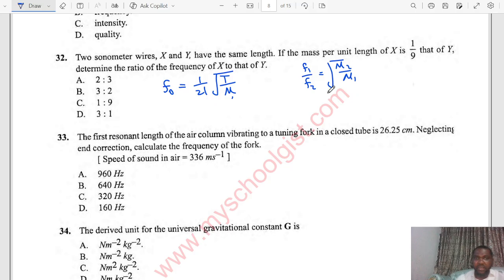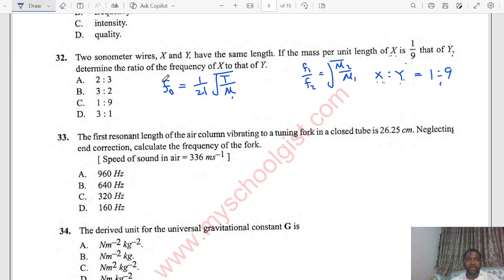So, if the mass per unit length of X is 1/9 that of Y, what that means is that the ratio of X to Y is 1:9, because Y is definitely greater than X.